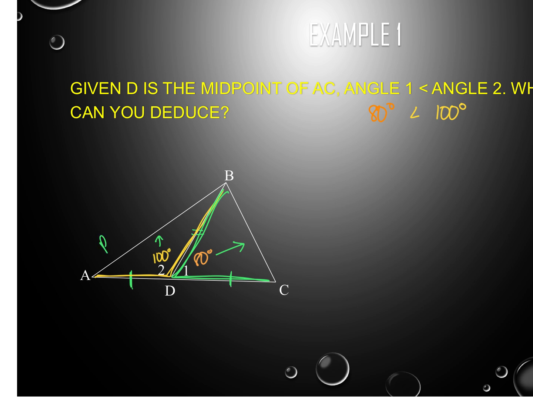Good, so this is my bigger side. And this is my smaller side. So I then can conclude that AB is greater than BC. So what theorem would I be using for this? Yeah, this is my hinge theorem.